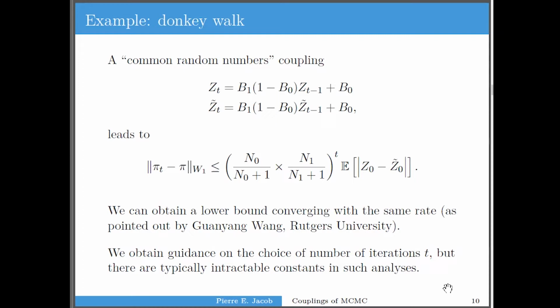But that's not typical, right? So typically when you have such upper bounds, they involve some numbers that are not available to the user in statistics. And so to the best of my knowledge, few statisticians when running MCMC can find very concrete guidance in the literature.